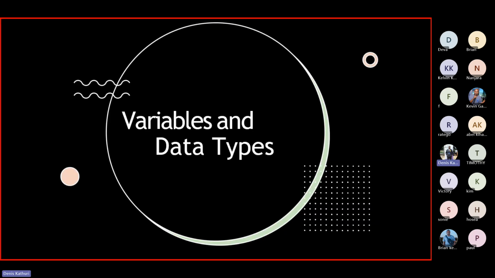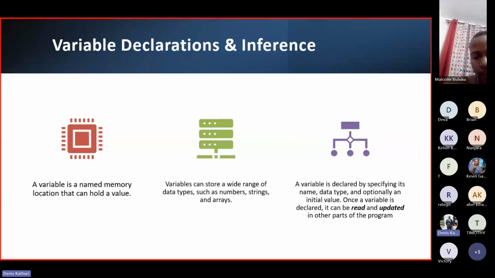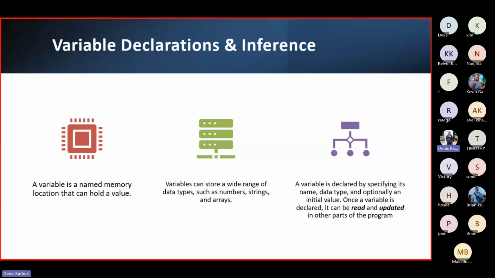variables and data types. A variable is a named memory location that can hold a value, and these variables can store a wide range of data types such as numbers, strings, arrays, and also objects.